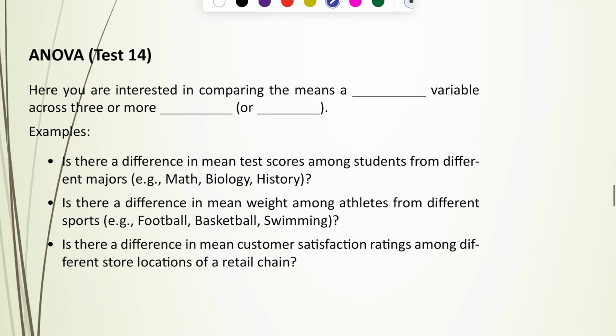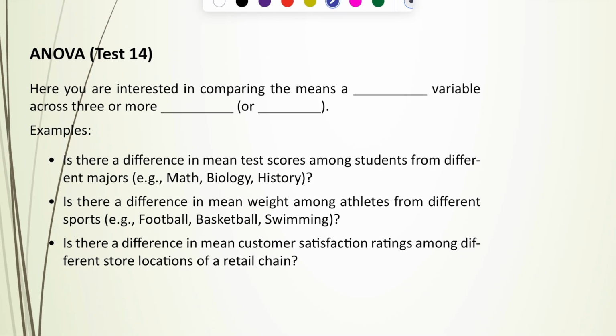And then lastly, Test 14, the very last test. Here you are interested in comparing the means of a quantitative variable across 3 or more populations. If you have a mean, it's got to be quantitative.